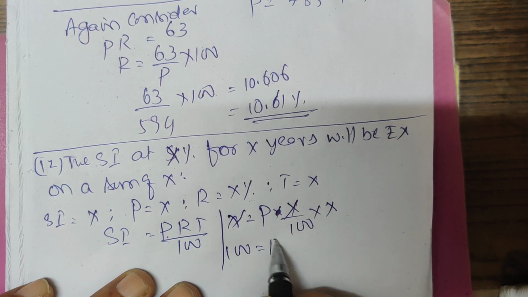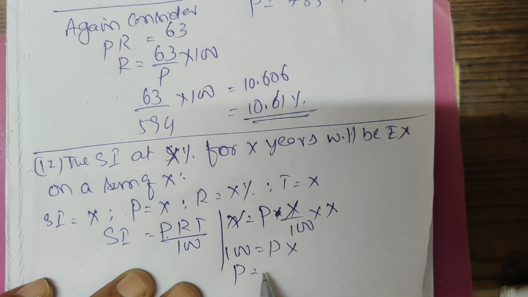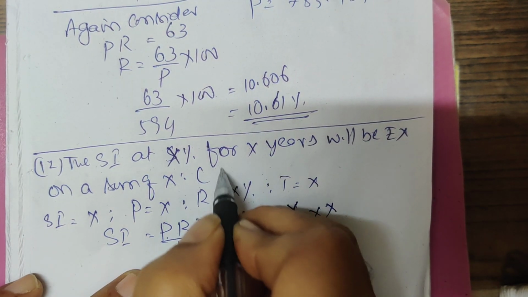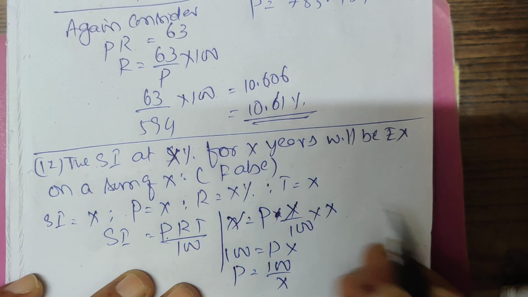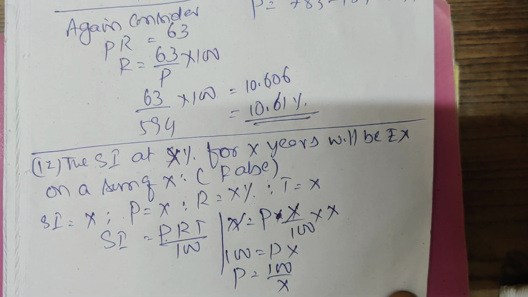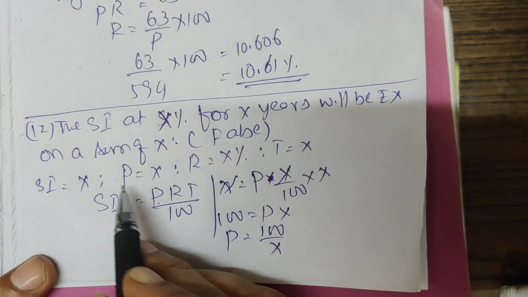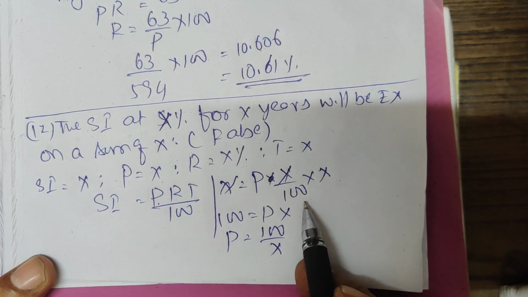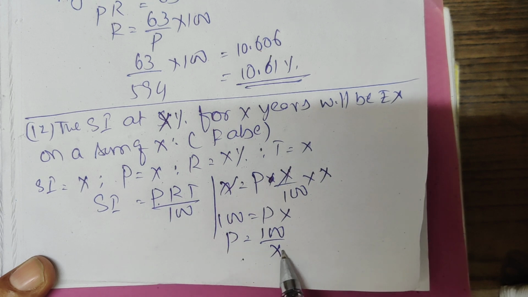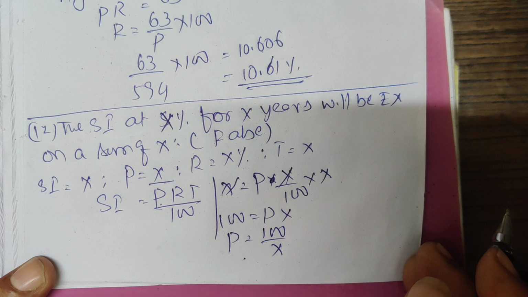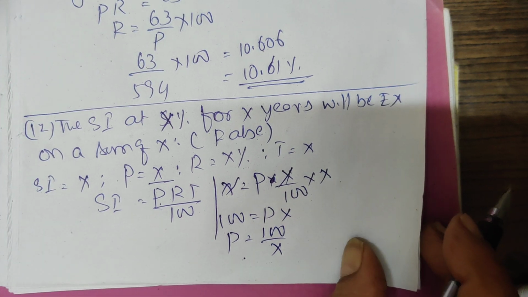So 100 is equal to px, p is equal to 100 divided by x. Therefore the statement is false. Principal is not equal to x. We have taken p as unknown and calculated the p value, and when I verified the p value it is not equal to x. Therefore the statement is false. Okay, sir.